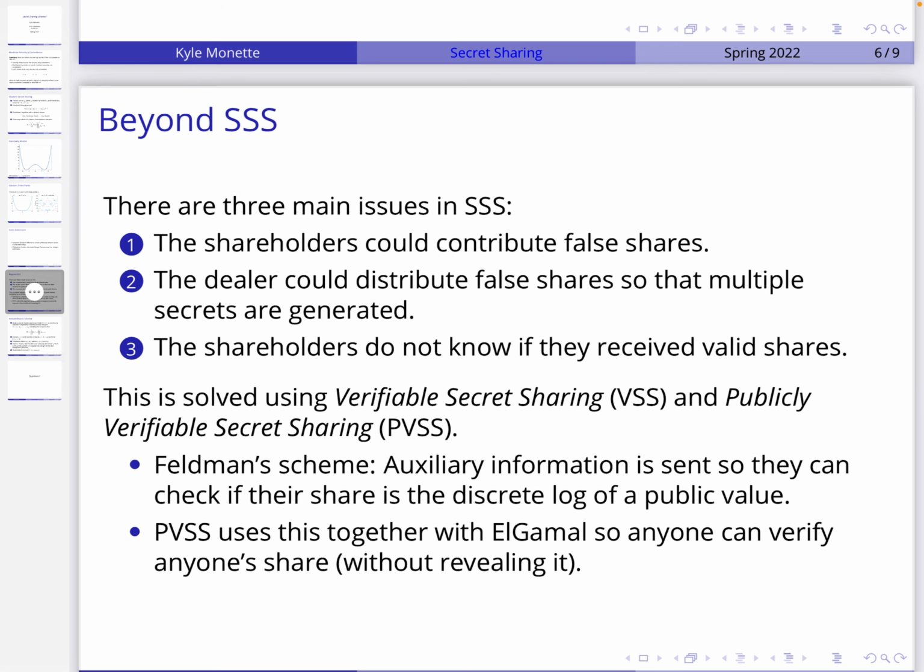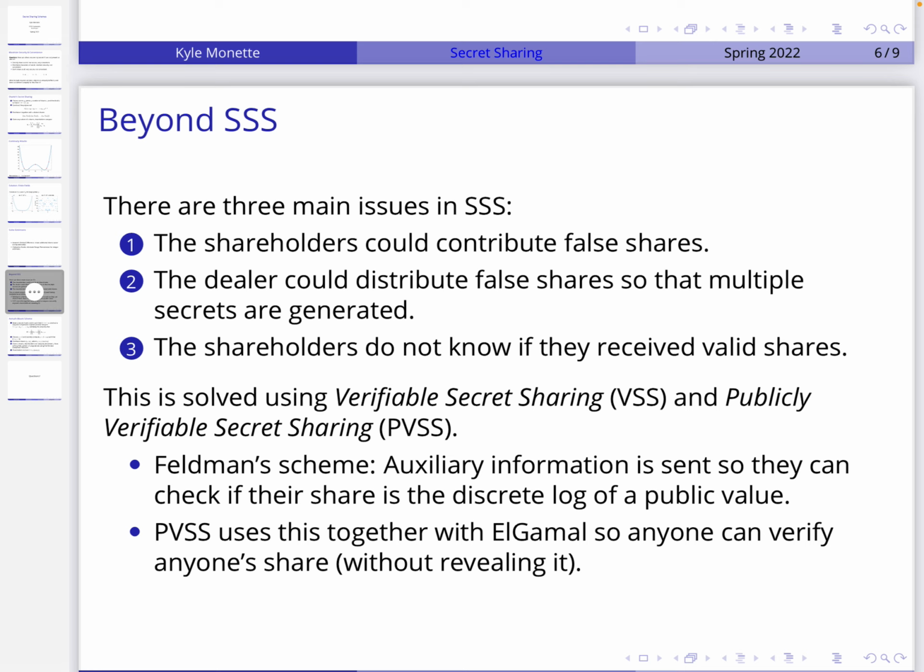There are a few schemes to do VSS. One of them is Feldman's scheme. So you give out more information, and it involves checking that your share is the discrete logarithm of a public value that the dealer distributes. That's kind of a broad picture.